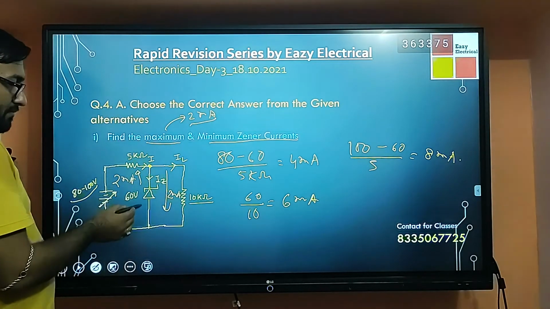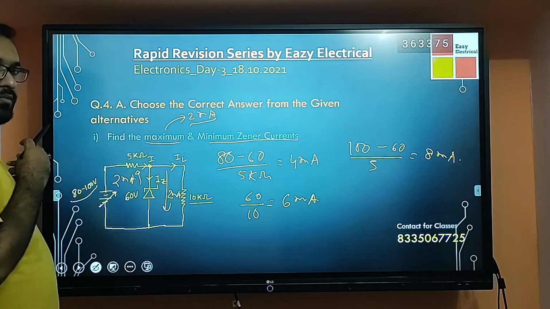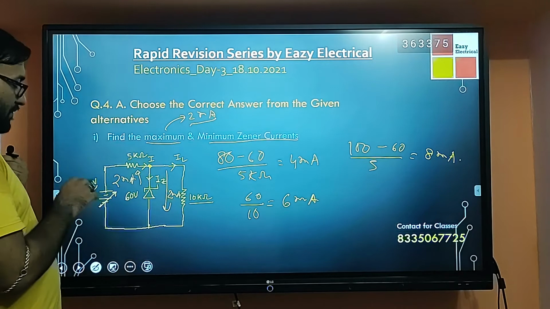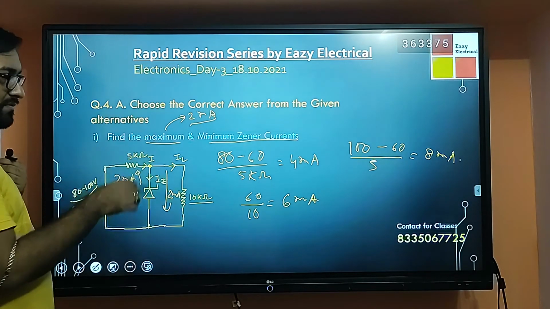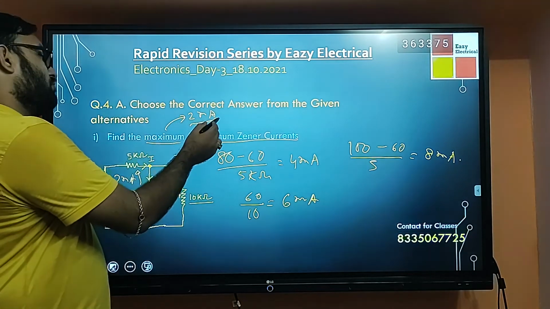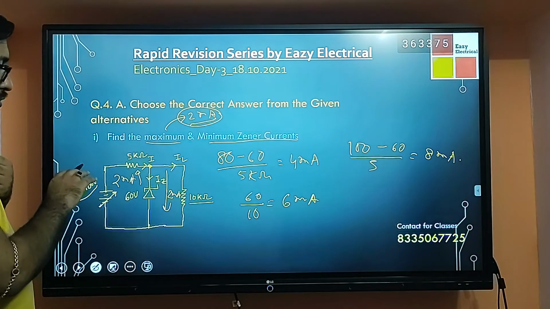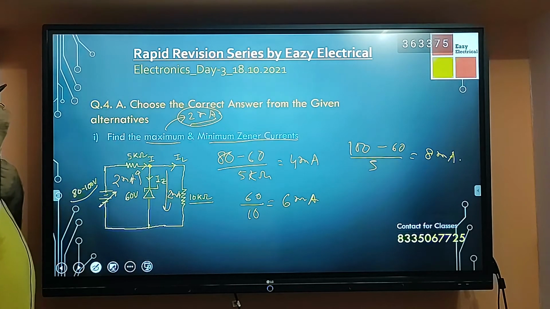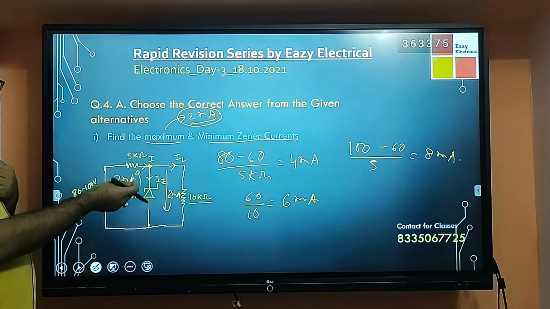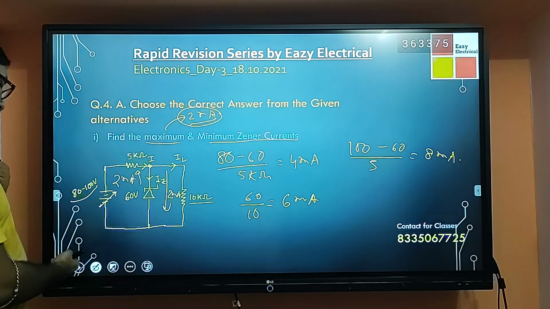The minimum current that is showing is in the upward direction, and in the upward direction the current will not flow. So from this figure we cannot conclude the minimum current. We just need to mention that the maximum current that will flow is 2 milliampere. We cannot conclude what amount of minimum current will flow, because the current direction here is reversed, and this opposite direction current will not flow. That is the issue.